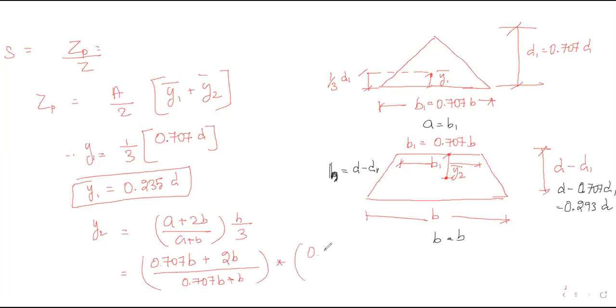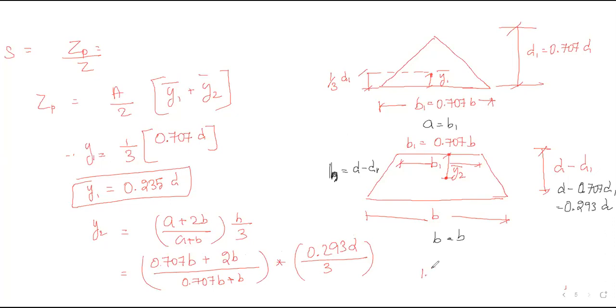So H is equal to 0.293 times D divided by 3. Okay. So here 0.707 plus 2, the whole divided by 1 plus 0.707. So B gets cancelled.